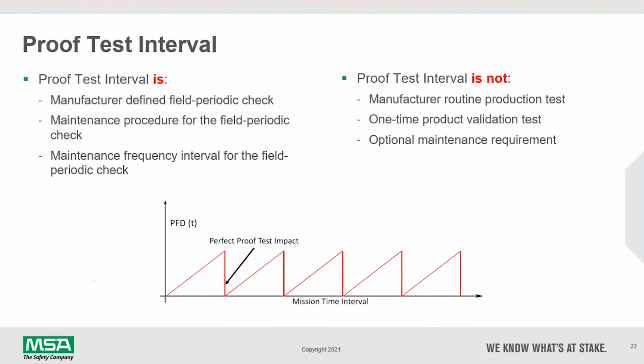For the calculation we will assess here, the assumption is that we have this perfect proof test, which means we are able to evaluate all of the aspects of that product such that we have confidence in it after that check when it's been in the field for a given period of time. And that provides this sawtooth diagram that you see.